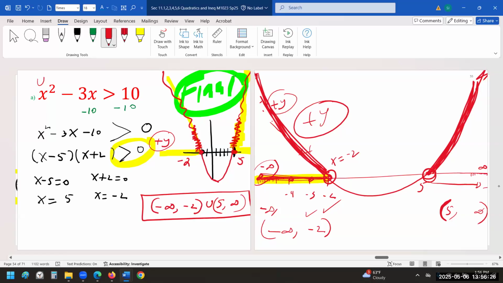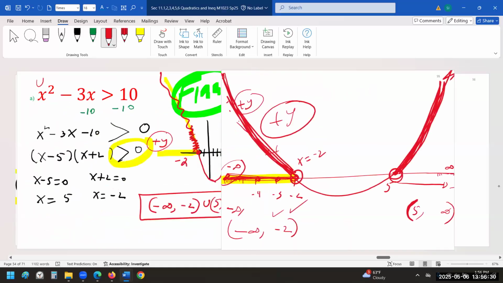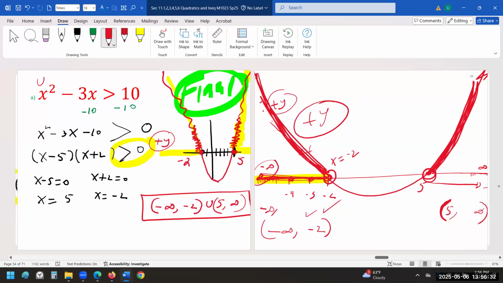We'll have mixed brackets, but not for a parabola. For a parabola, we have only brackets or only parentheses. For a parabola, it's never 3. A parabola is always 2. Why would you have 3 of them?